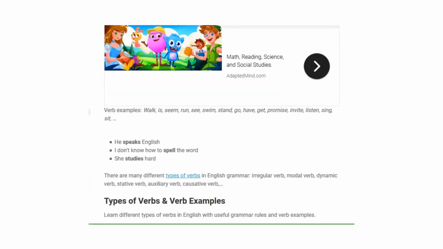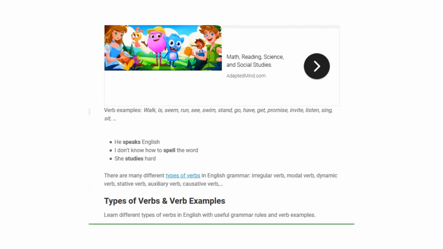So we are not going to go back to that. You can go back and check the video about parts of speech. Okay, so we have examples of verbs: walk, is, run, see, swim, stand, go, have, get, promise, invite, listen, sing, sit, etc.